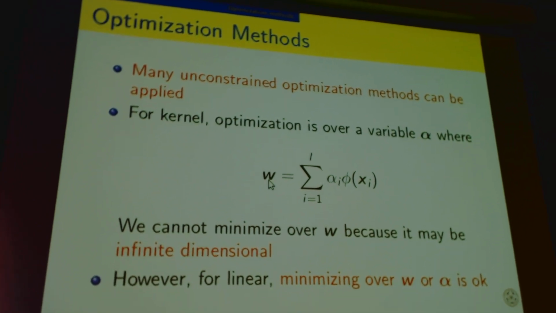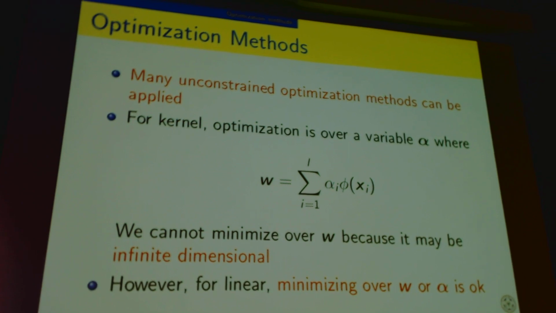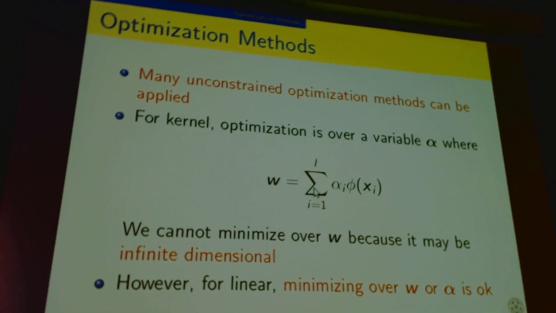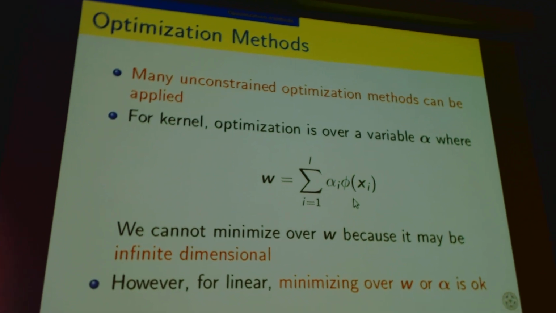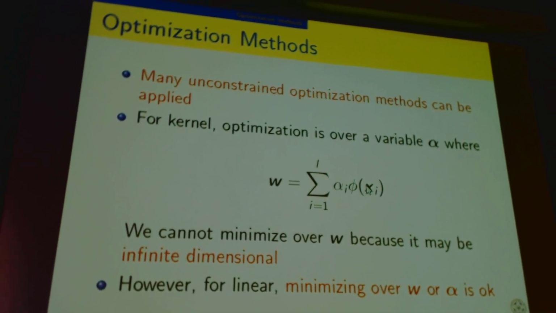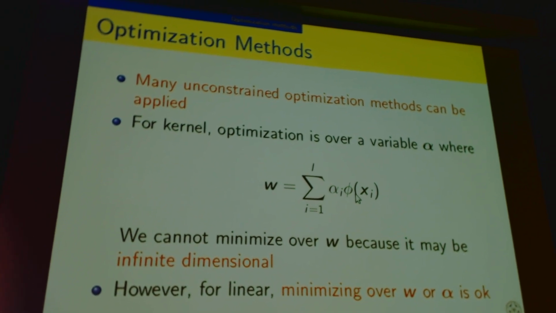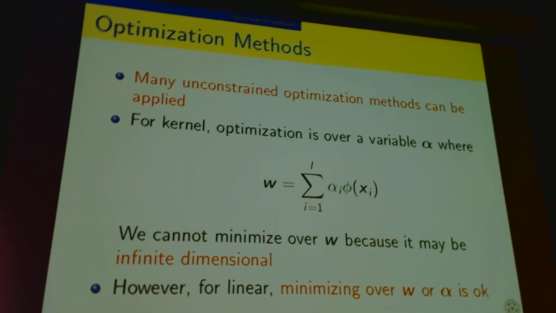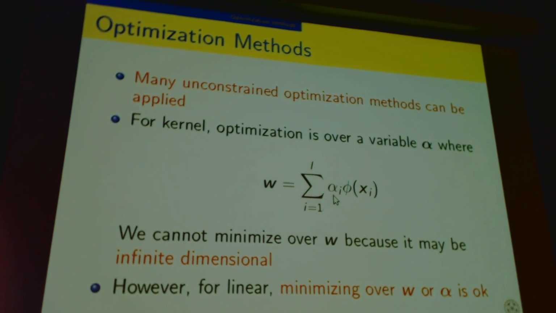We mentioned earlier that if you use kernel, then your model W is actually a linear combination of training vectors. Then you have to work on the coefficients alpha. Because phi of xi is so high dimensional, maybe even infinite dimensional, you can never write down the vector W. So all you can do is to rely on storing and manipulating the coefficients alpha.